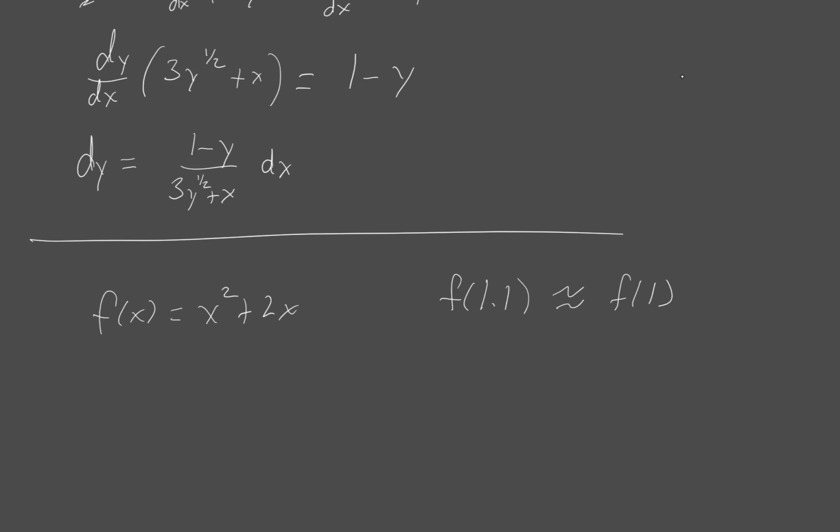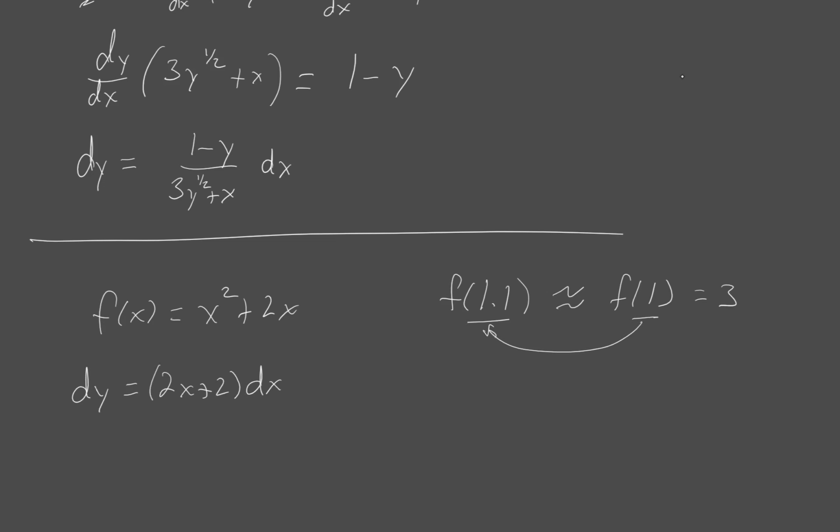So f of 1 is going to give me 3. So f of 1.1 should be about 3, but it's going to be off by a little bit. And how much off is it going to be? Well, we're going to have dy equal to (2x plus 2) dx.